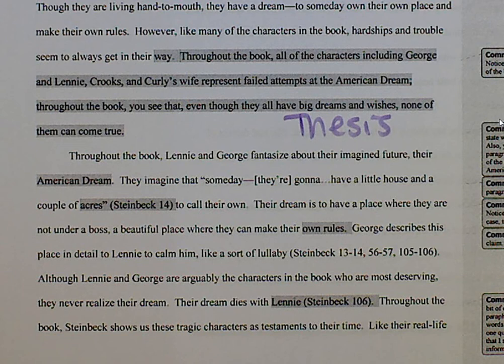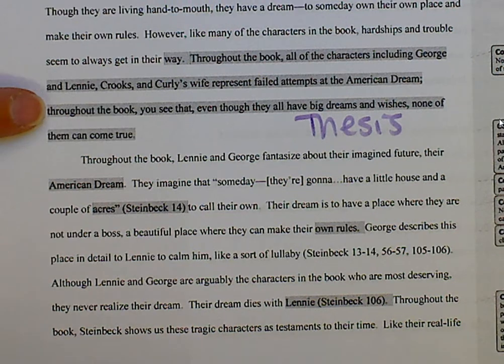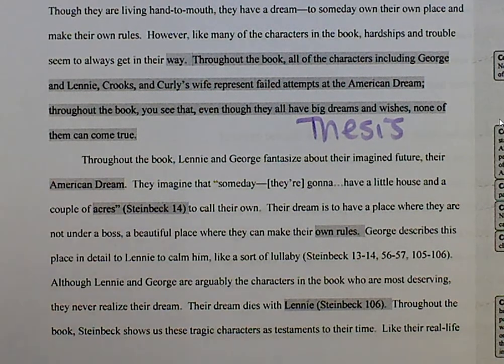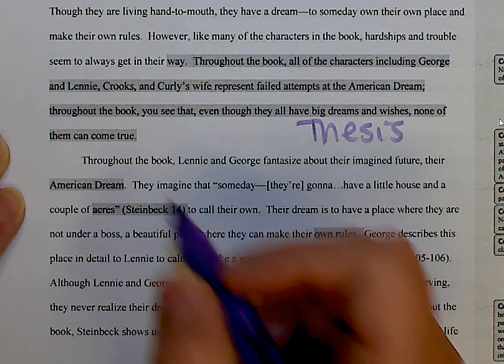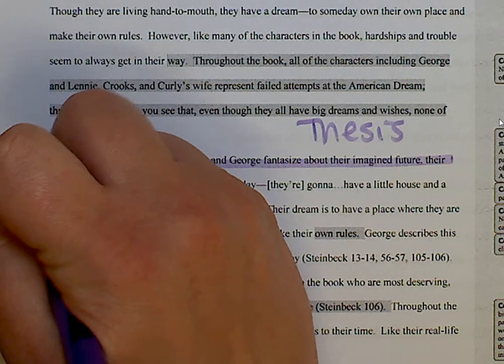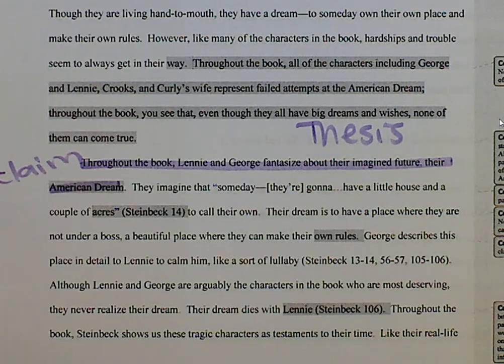Now, remember, the thesis is the last sentence of your introduction, and here's where my body paragraphs start. Throughout the book, Lenny and George fantasize about their imagined future, their American dream. That's my claim. So you know that I'm going to be talking about the American dream and what it has to do with George and Lenny. Then I go right into some examples.